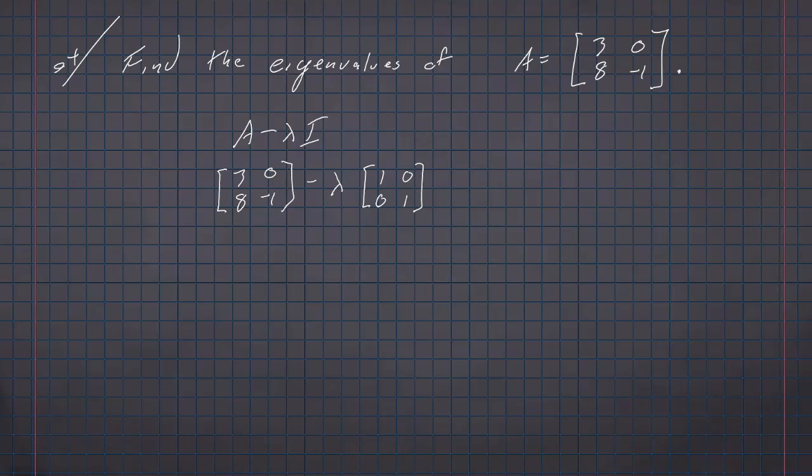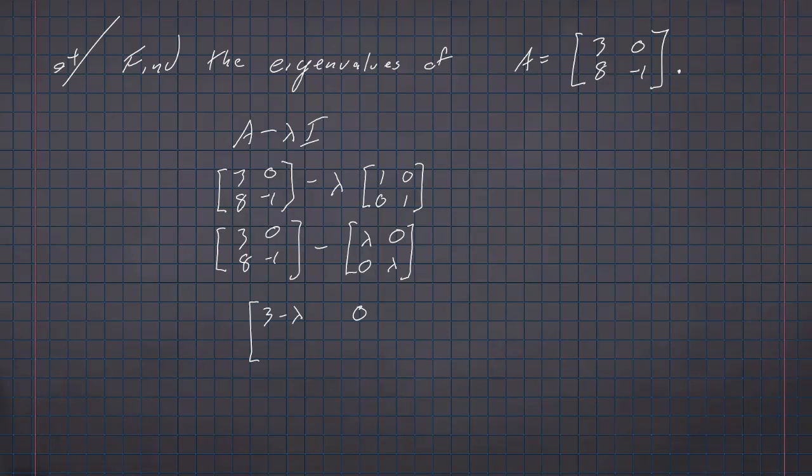Multiplying that matrix by lambda gives us lambda 0, 0, lambda. And then subtracting, we end up with a rather ugly looking matrix. 3 minus lambda, 0, 8, negative 1 minus lambda.